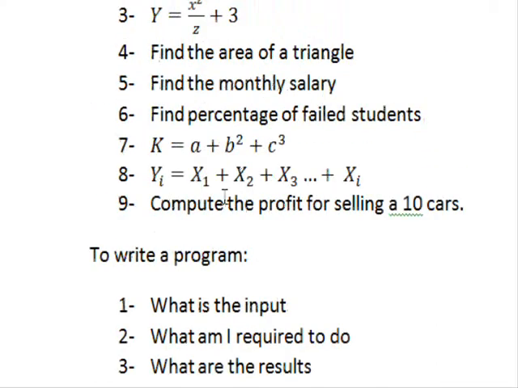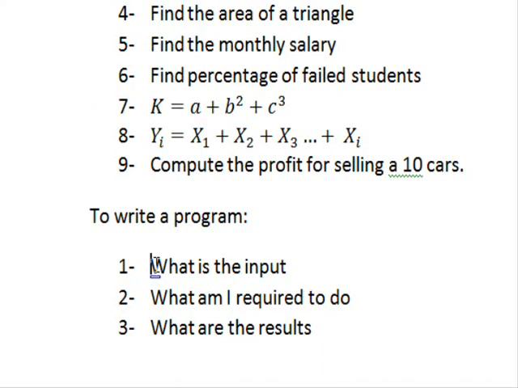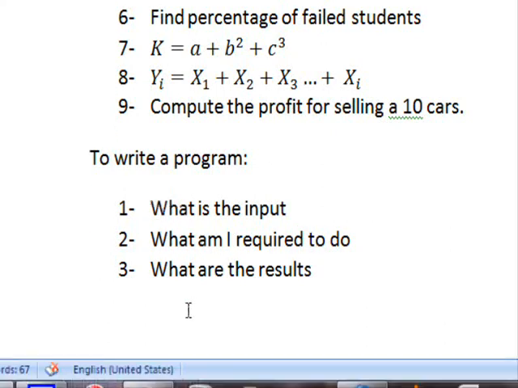Okay, so this is what I mean by what's the input. You must identify all the information, all the variables that your program need to know before start working and computing stuff. Okay, so this is the first step.